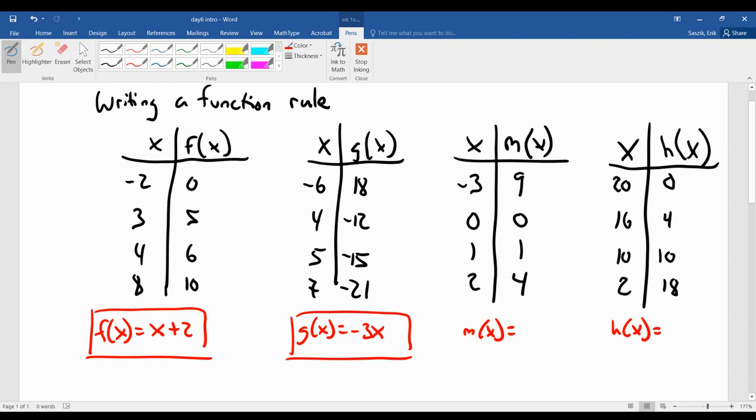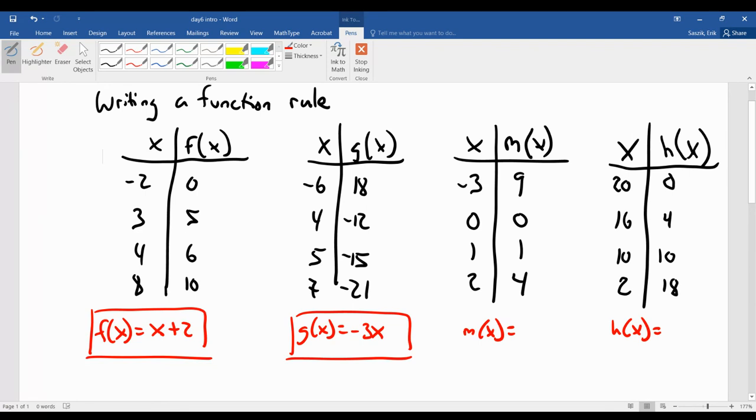This one's a little bit harder. Here, what could I do? I could add 12. -3 plus 12 is 9, but then adding 12 doesn't work here. I could multiply by -3. -3 times -3 would be 9. 0 times -3 would still be 0. But then it breaks down here. 1 times -3 wouldn't work.